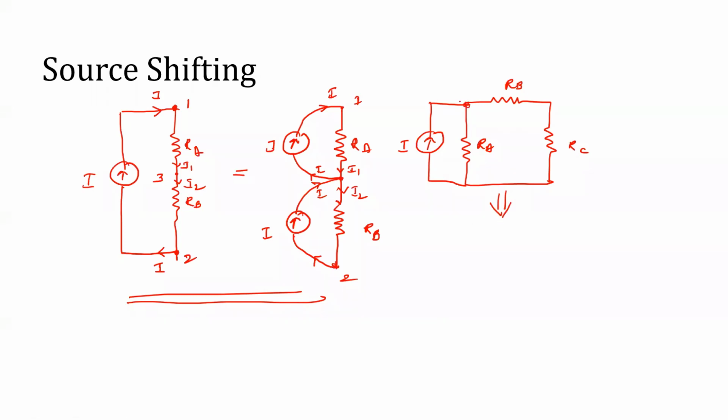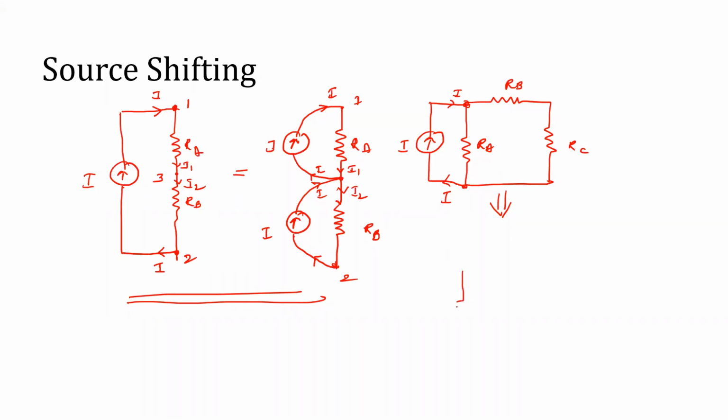Where current I is entering to this, from this node, current I is leaving. All right. Do the modification to this network such that the same I current should leave this node, and sorry, the current I should enter this node and current I should leave this node. That should not be disturbed here.